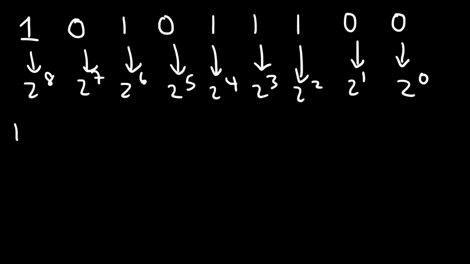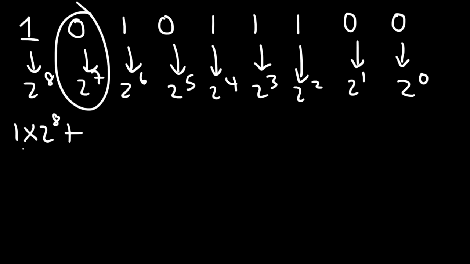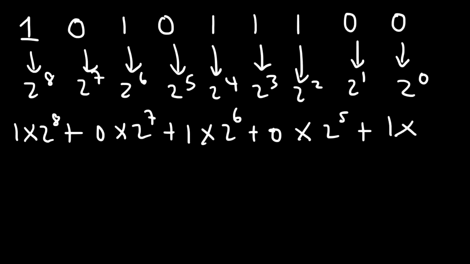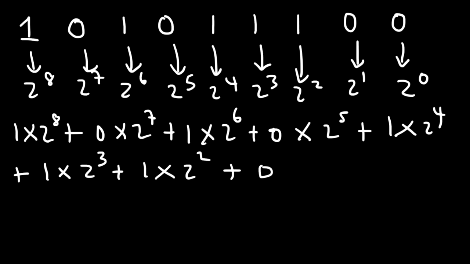And so we're going to have 1 times 2 to the 8, and then we're going to multiply these two. So that's going to be 0 times 2 to the 7, and then 1 times 2 to the 6, and then 0 times 2 to the 5th, and then after that it's 1 times 2 to the 4th, plus 1 times 2 to the 3rd, plus 1 times 2 squared, plus 0 times 2 to the 1st, plus 0 times 2 to the 0.